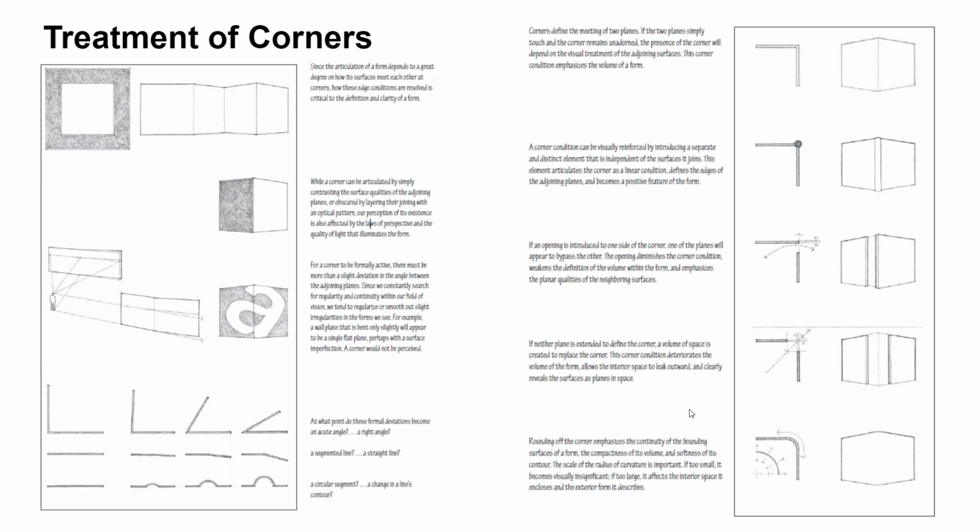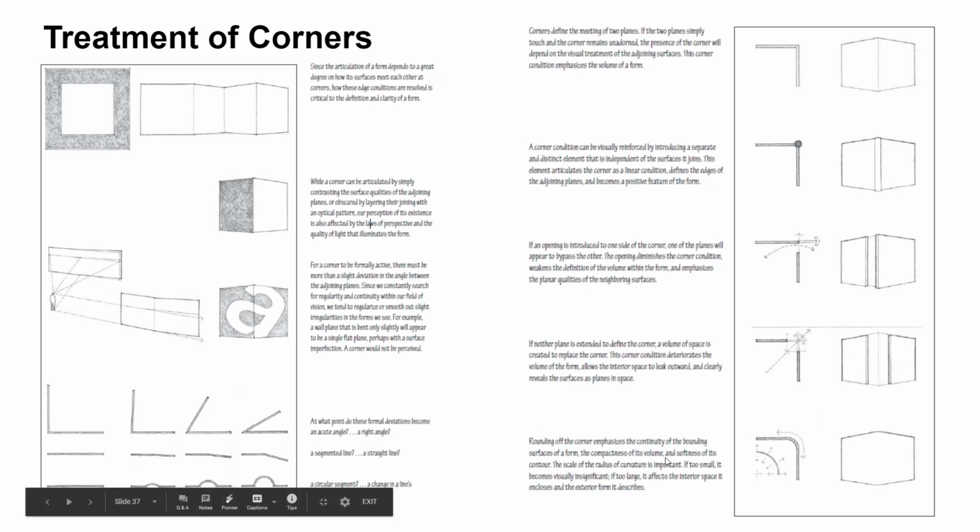So if neither plane is extended to define the corner or a volume of space is created to replace the corner, this condition deteriorates the volume of the form. It allows the interior space to leak outward and clearly reveals surfaces as planes. So with the absence of this corner, it actually reveals the surfaces of these planes.